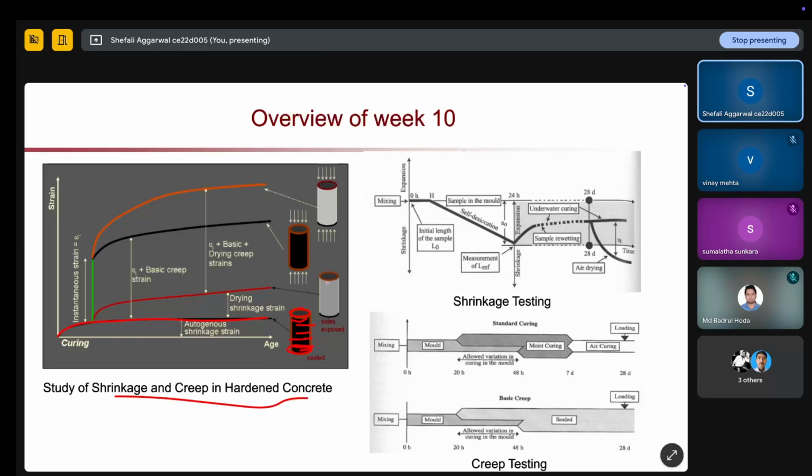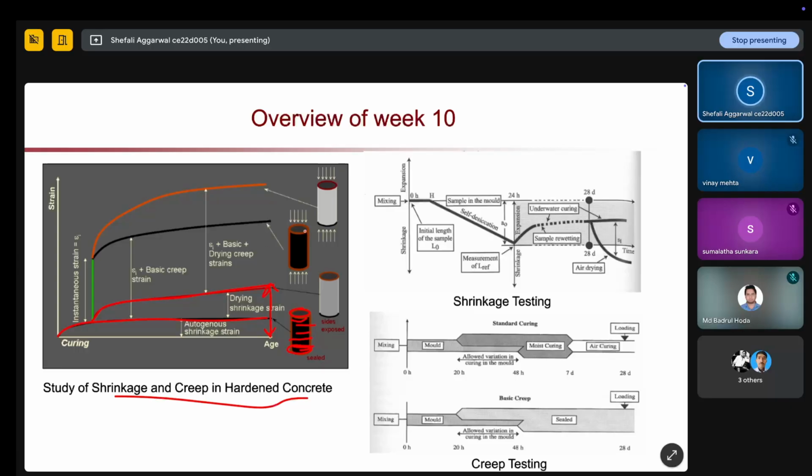However, if I am keeping my sides exposed, in that case you will get drying shrinkage plus autogenous shrinkage. So your graph will be sort of like this. Your total loss of water will be this much, and this will give you drying shrinkage and this will give you autogenous shrinkage.